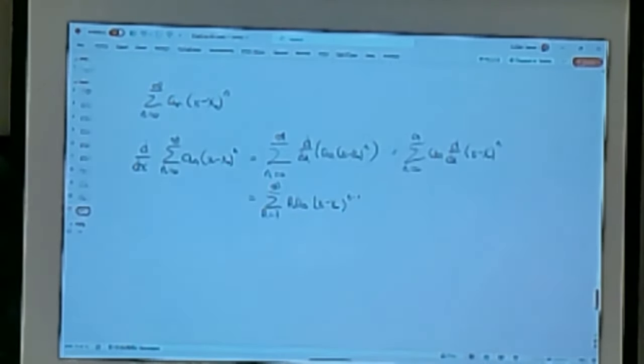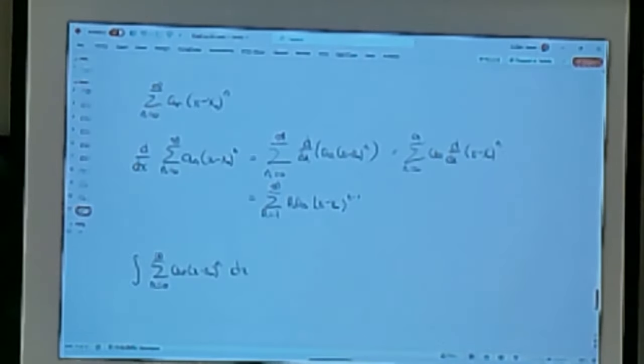What came after derivatives? Integrals. You can also integrate a power series. We don't study definite integrals, because they would be a pain to deal with infinite sums.